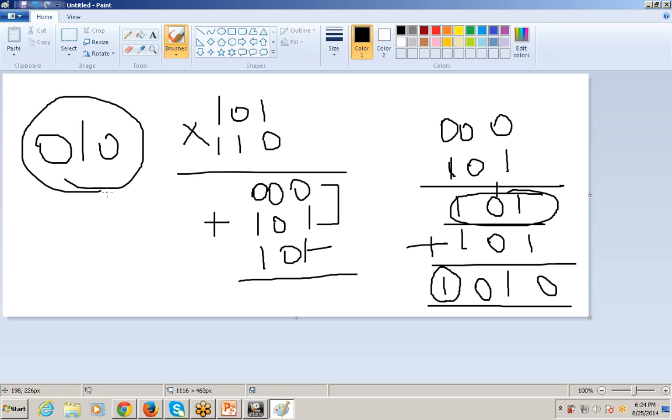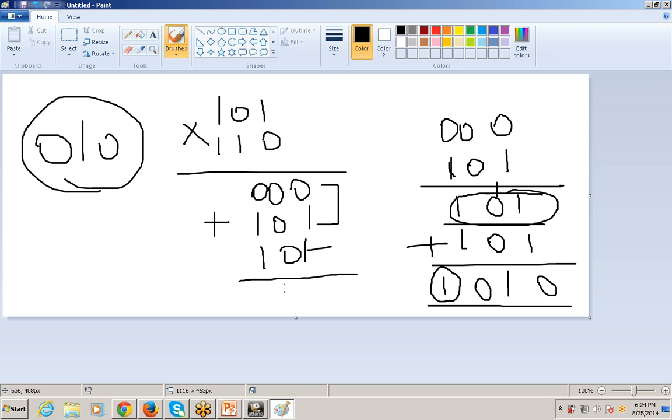I am repeating again. Suppose my example is I have to multiply 101 with 110. So first of all use 0 and multiply by 0. This is 000. Then use 1, multiply by all the bits, 101. Use 1, multiply all the bits, 101. Now next step is to add all the groups of 3 bits.